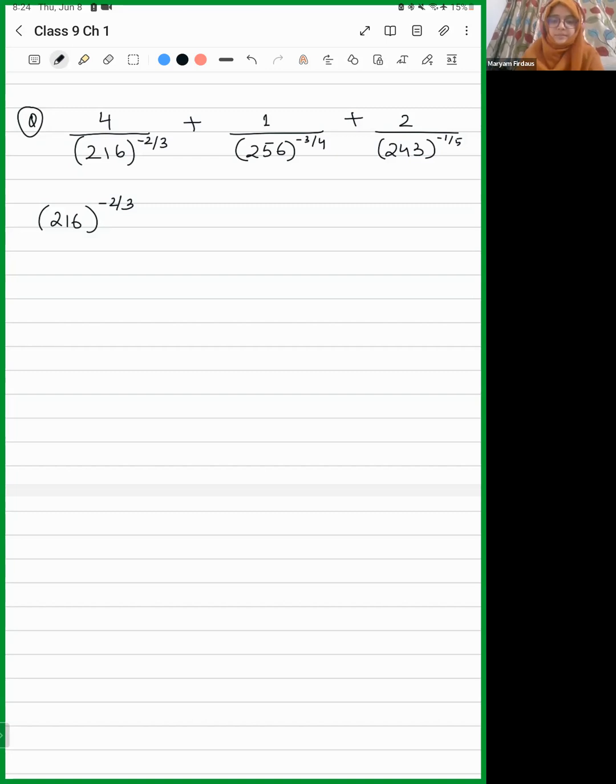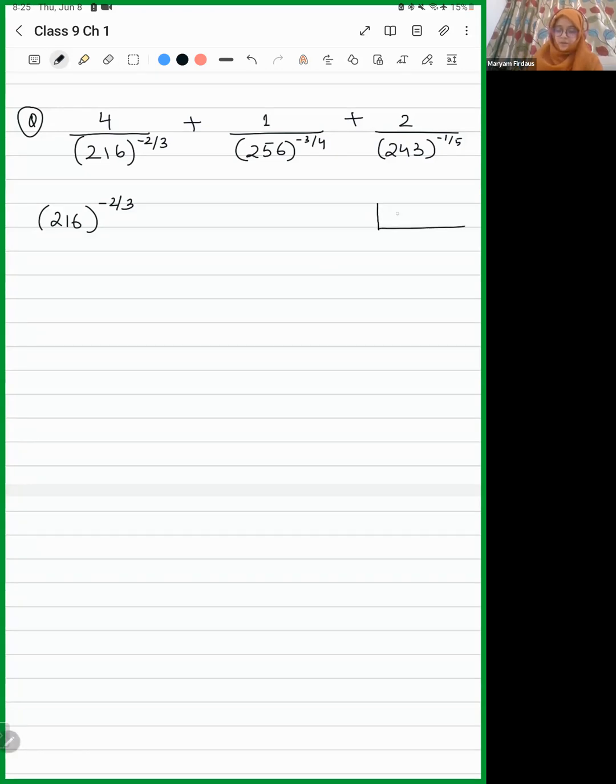Wait a minute. 216 is... anything else? No. Okay, see, let's try prime factorization.